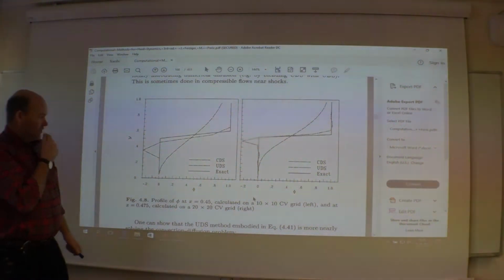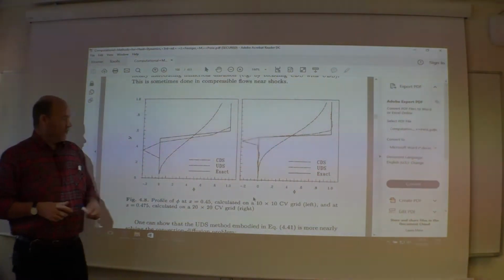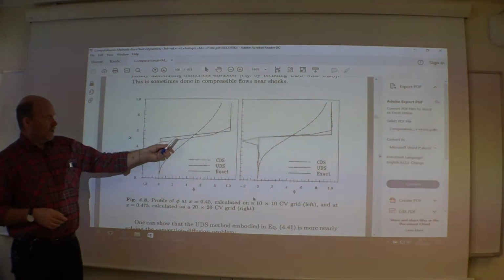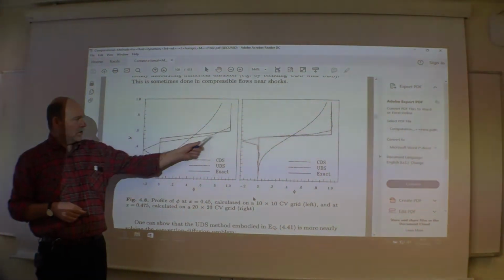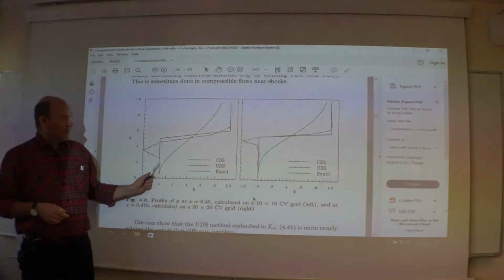So the CDS solution that he operates with here, I don't really know where he has gotten that one. Definitely not what I got. I got the perfect one. The upwind scheme smears it out.